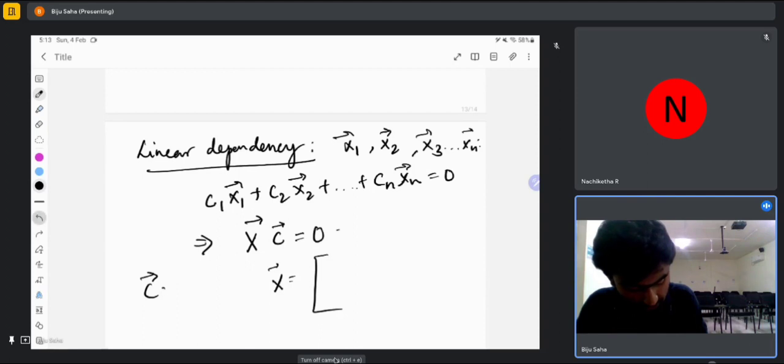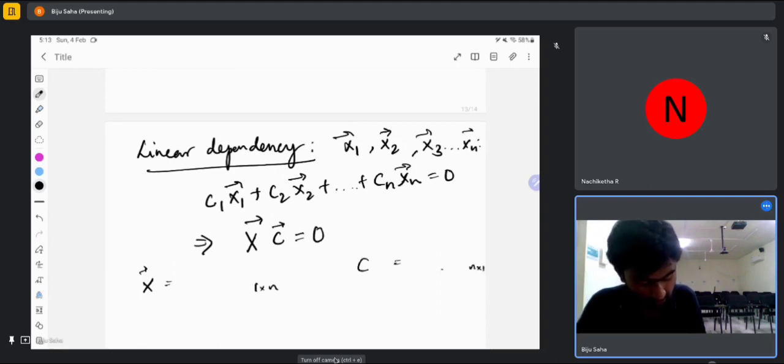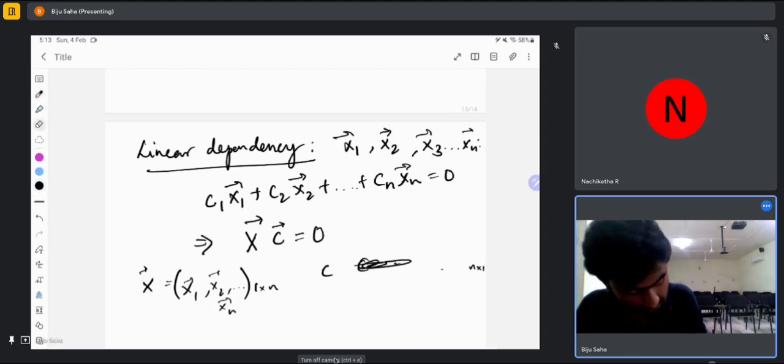So in this case it would be 1 cross n, and C would be n cross 1. So 1 cross n would be our vector, and the coefficients are as follows.